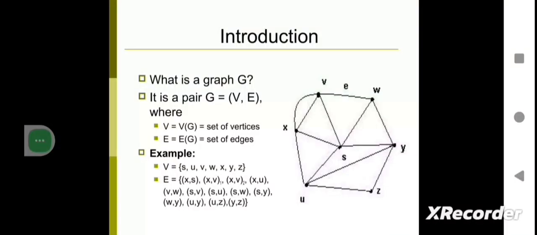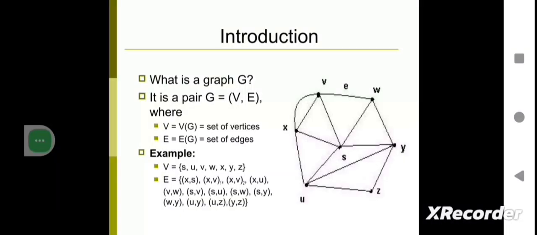For example, V = {S, U, V, W, X, Y, Z}. These are all vertices. E = {(X,S), (X,V), (X,U), (V,W)} and so on. These are all edges.